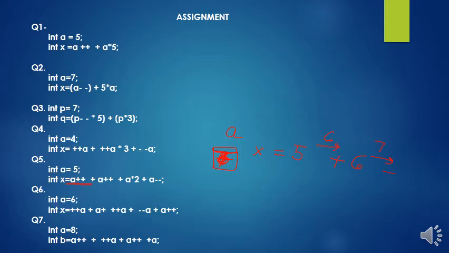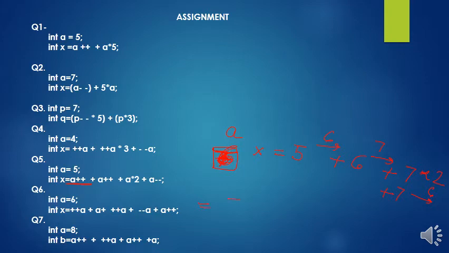Then plus. So at present the value of a is 7, into 2. Plus the value of a, postfix, it is use then change. So first it will use the value 7 and then change. After that it will store the value 6 inside the memory.